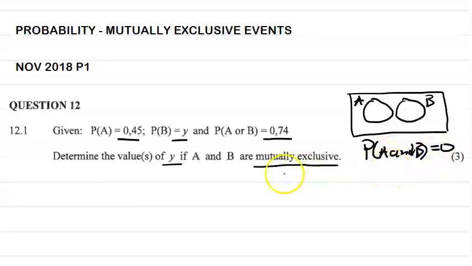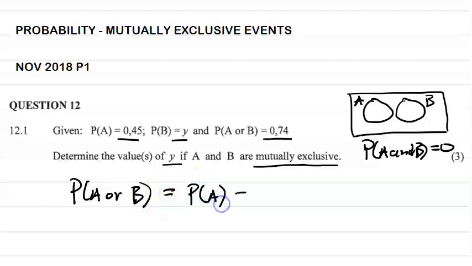So what we have to do now is use the fact that the probability of A and B is equal to 0. Therefore, we can answer this question using the addition rule, which is the probability of A or B is equal to the probability of A plus the probability of B. Because the probability of A and B is equal to 0, we don't have to write the part minus the probability of A and B in the addition rule.